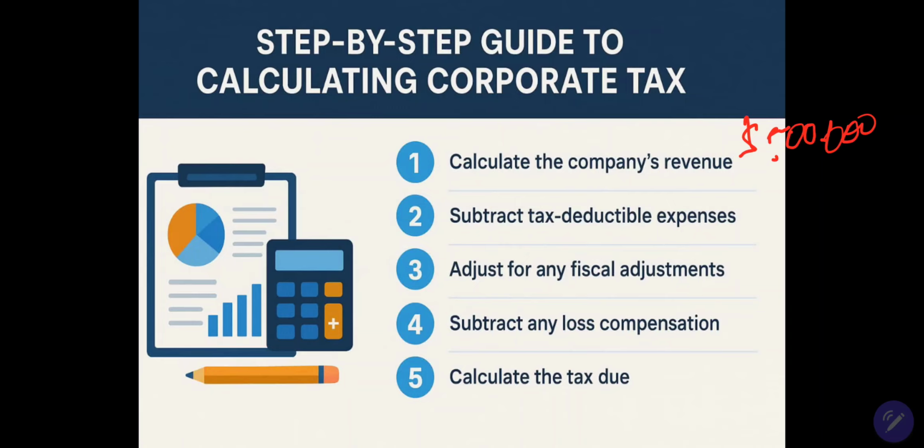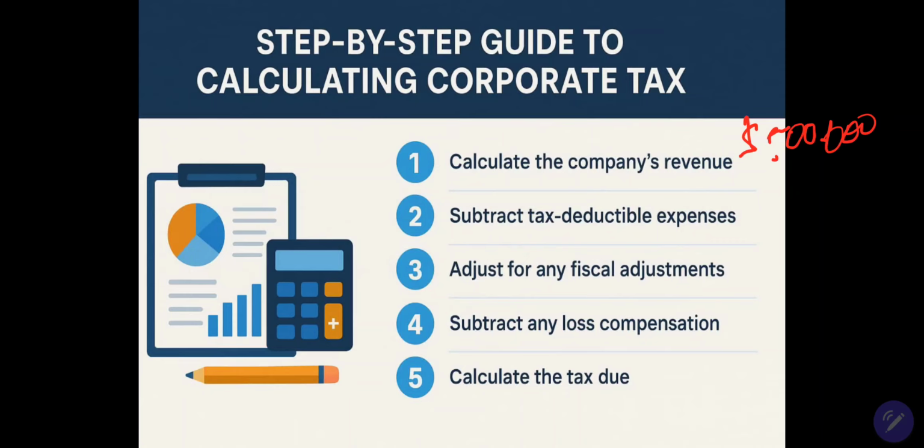For example, electricity, water, lighting, air conditioner, and so on. All of this can decrease the total tax.